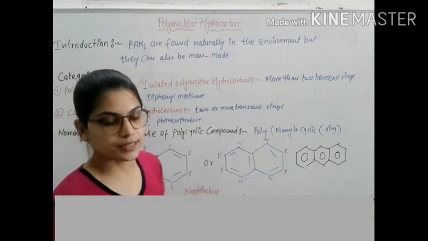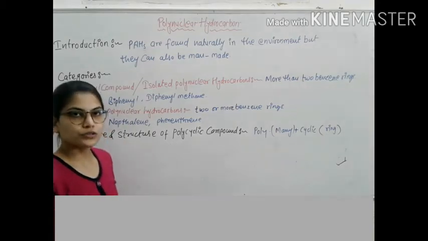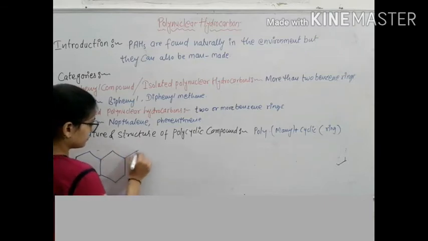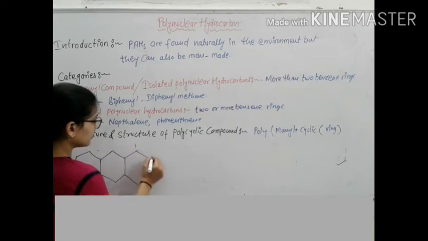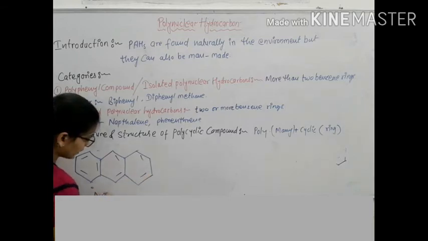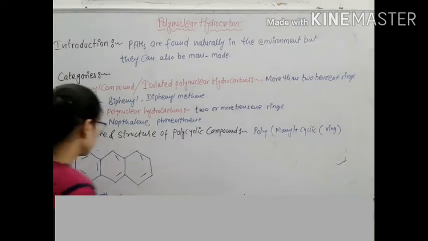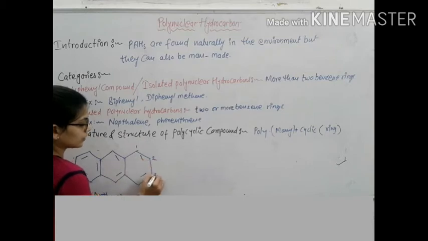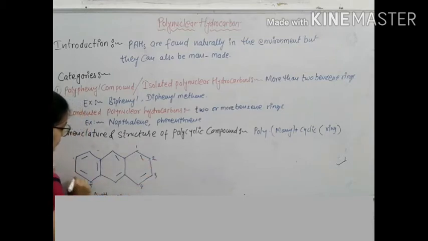The second structure is anthracene. This is the structure of anthracene. Numbering started from 1, 2, 3, 4, 5, 6, 7, 8, 9 and 10.